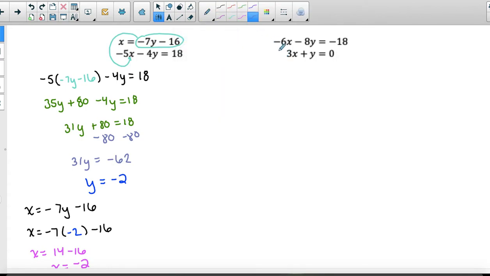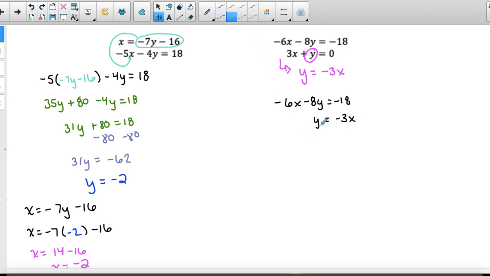We're going to take this second equation and solve for y. So we're going to have y equals 0 minus 3x, which is -3x. If I were to rewrite these, this would be -6x minus 8y equals -18, and y equals -3x.